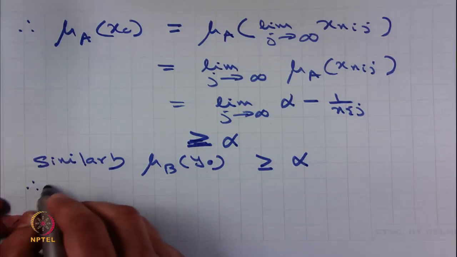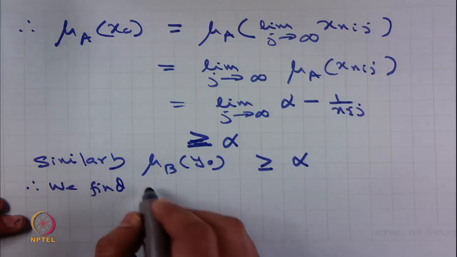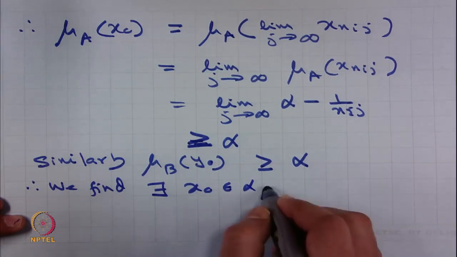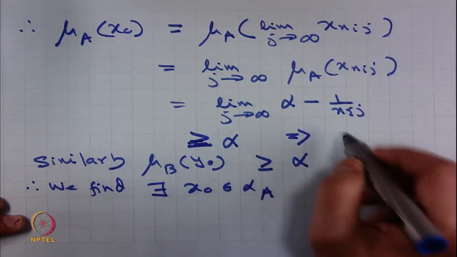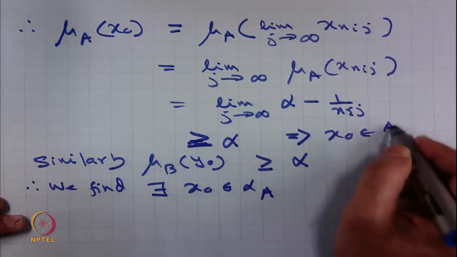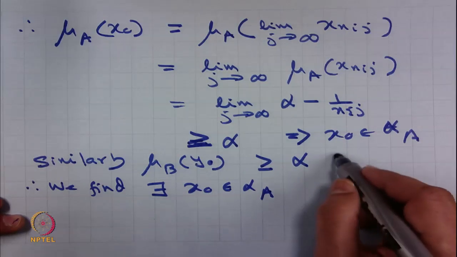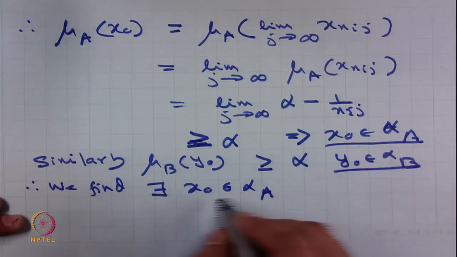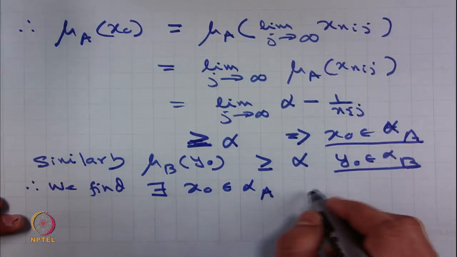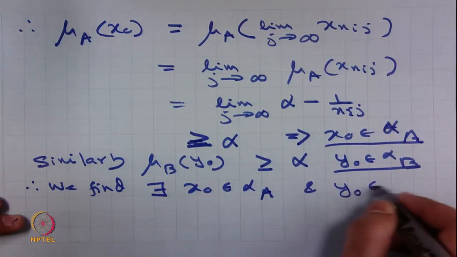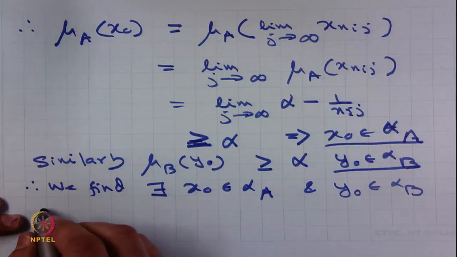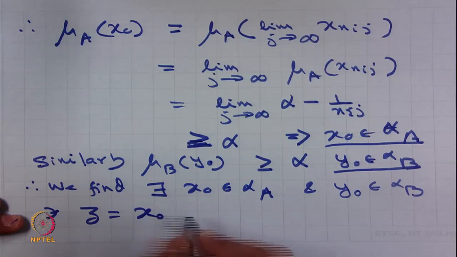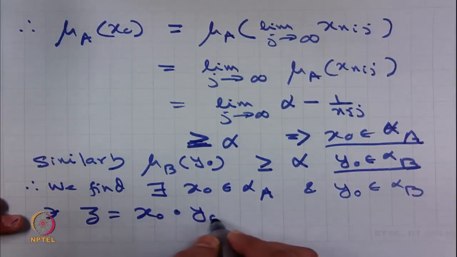Therefore, we find that x naught belongs to alpha cut of A and y naught belongs to alpha cut of B, such that z is equal to x naught of y naught.